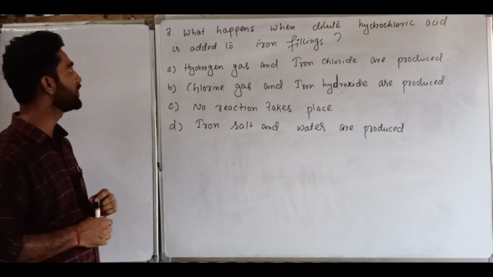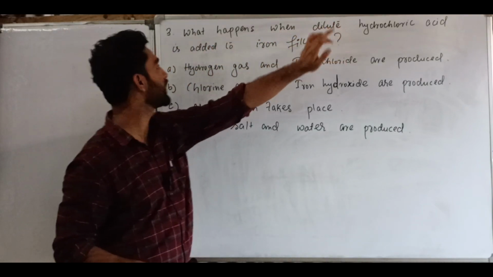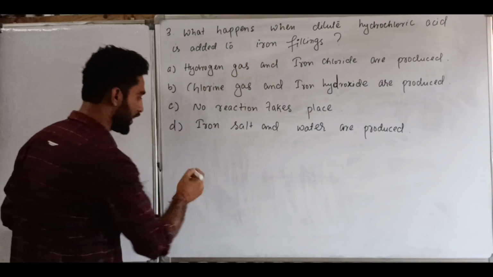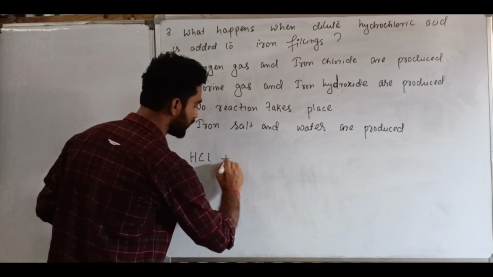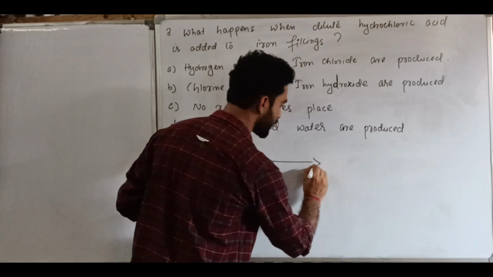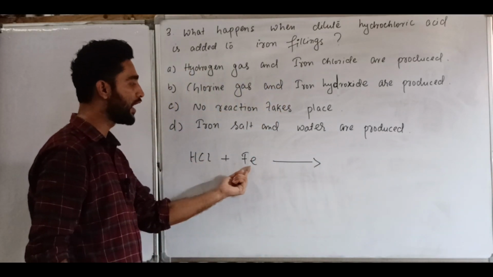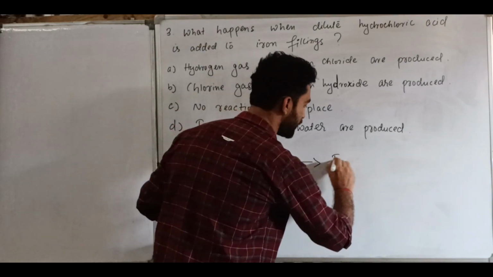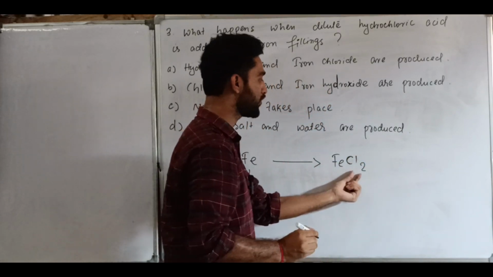Now let's see the third question. What happens when dilute hydrochloric acid is added to iron filings? The hydrochloric acid formula is HCl. When hydrochloric acid reacts with iron, what will they form? In the reactivity series, iron is placed above hydrogen, so iron easily displaces hydrogen and forms FeCl2, that is iron chloride.